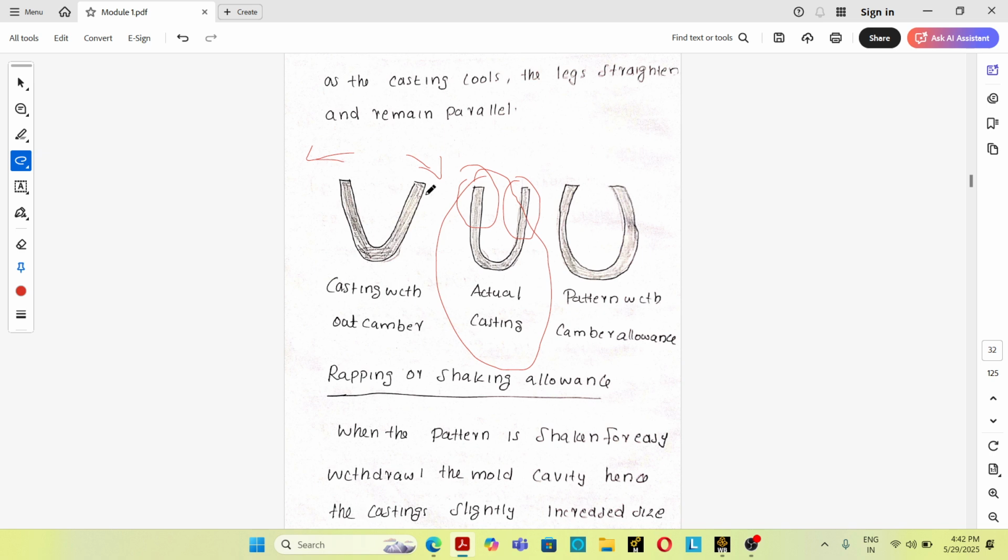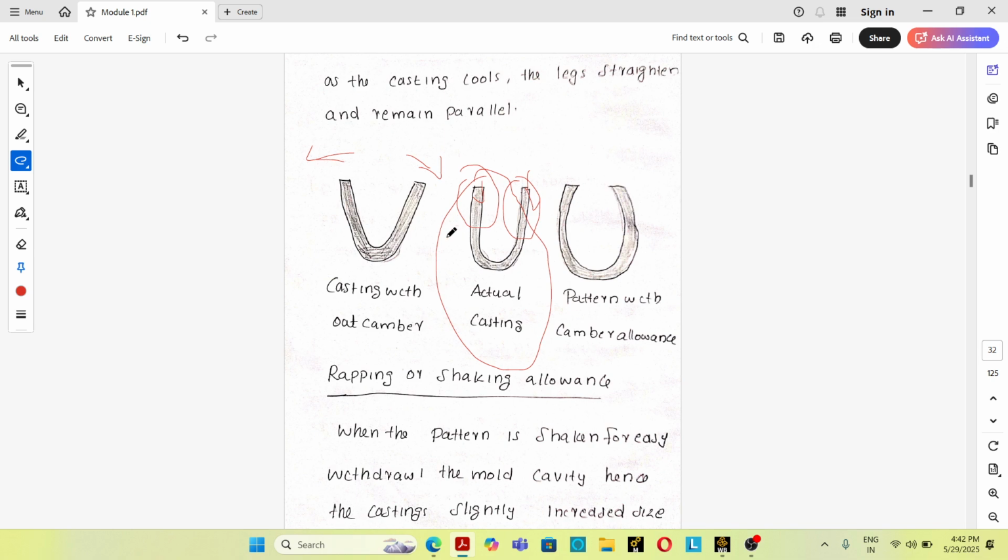Instead of being parallel, the casting will have converged legs. So it should be exactly parallel, but if you do not provide the camber allowance, instead of being exactly parallel, the legs will be converged.